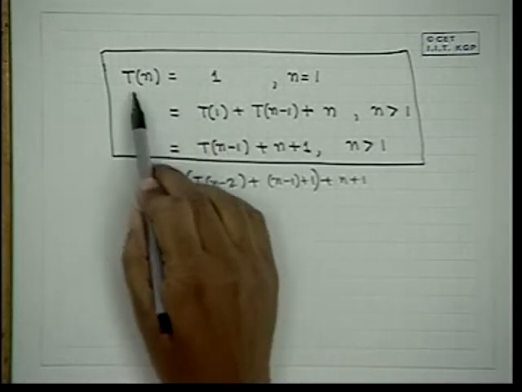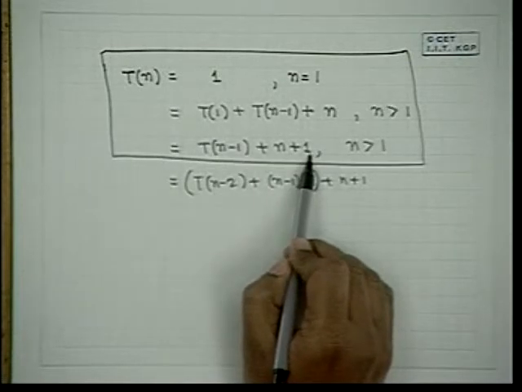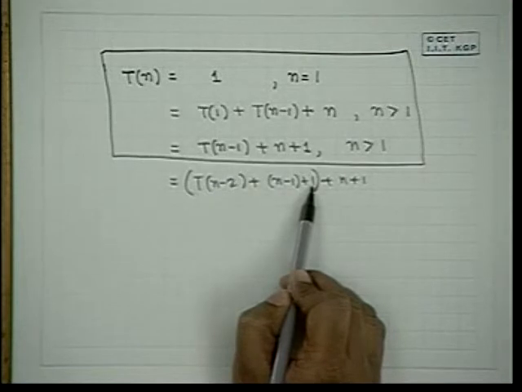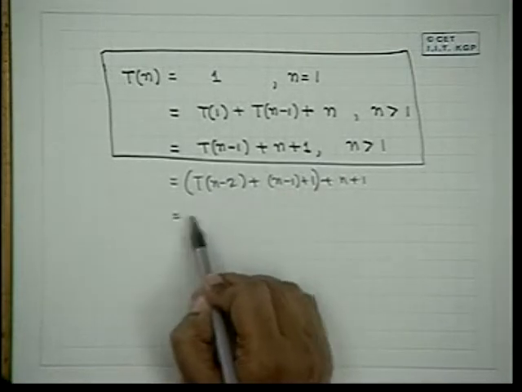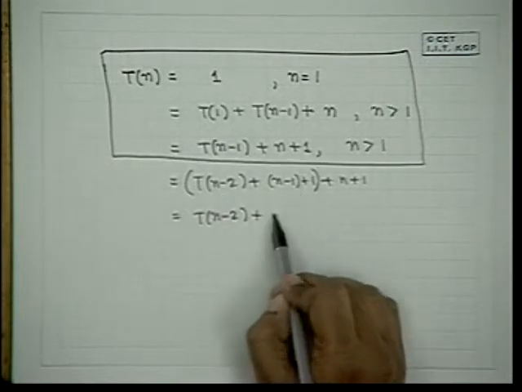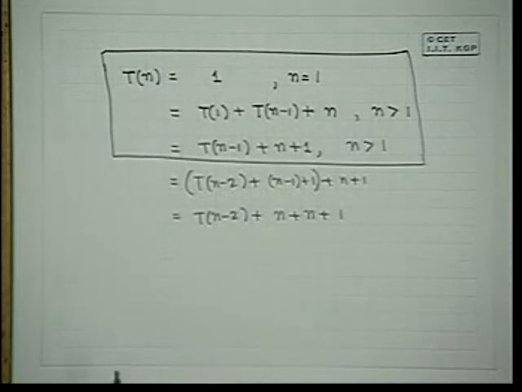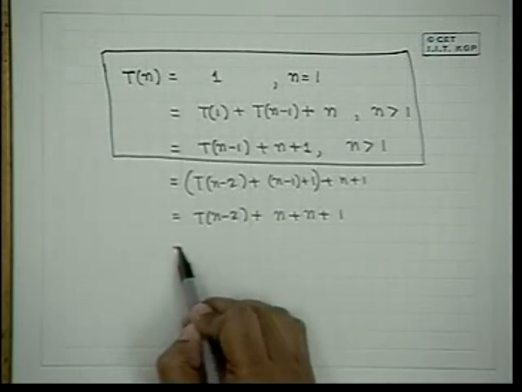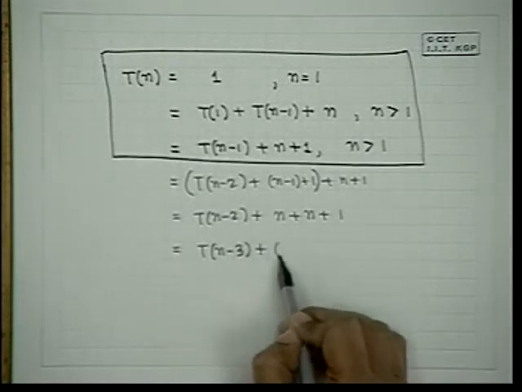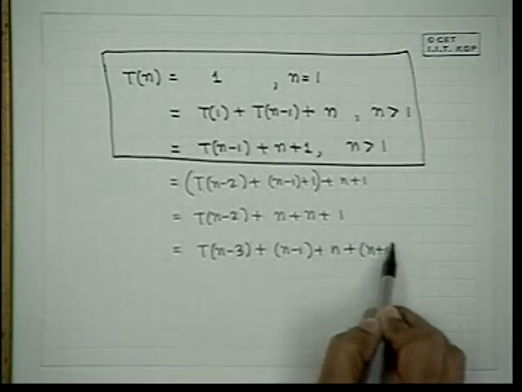Like Tn broke up as n minus 1 plus n plus 1, this will break up as n minus 2 plus n minus 1 plus 1. So it will be Tn minus 2 plus n plus n plus 1. The next step you can write in one shot, Tn minus 3 plus n minus 1 plus n plus n plus 1.